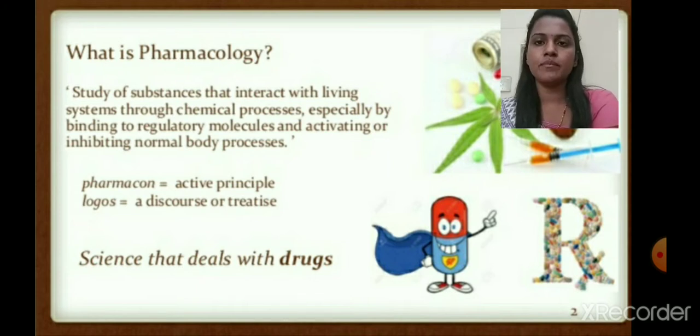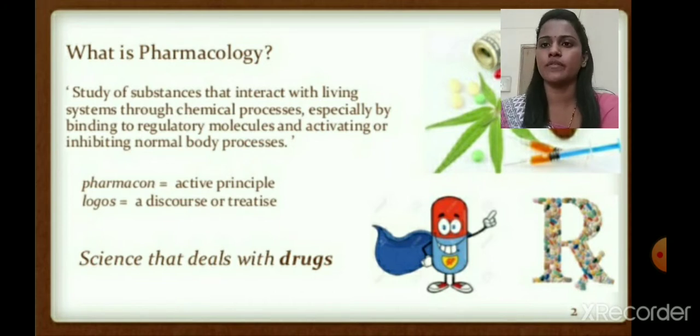In short, any substance or drug which acts on the living system through some chemical mediators and activates or inhibits the normal physiology of the body, that is called pharmacology.